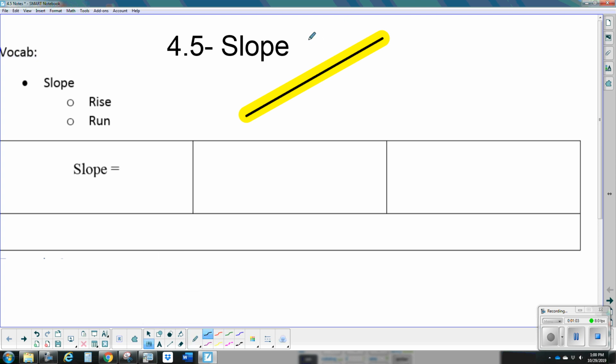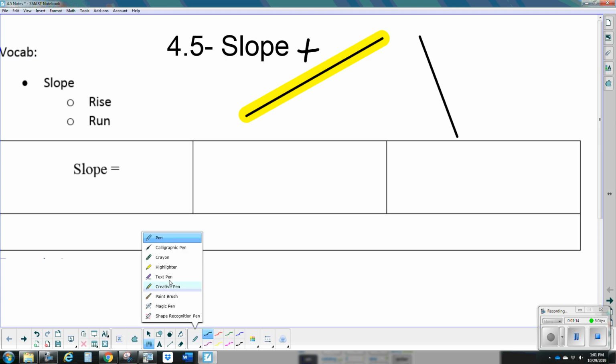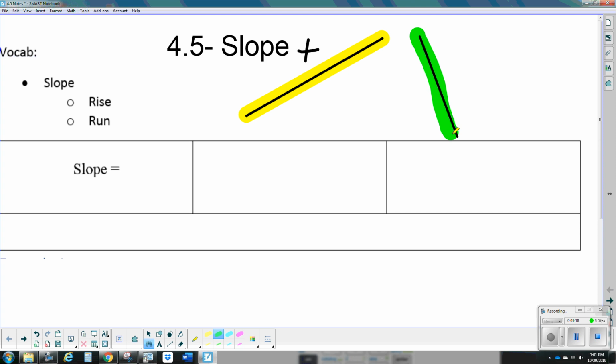If you look at this line that I just sketched in, from left to right it goes up, therefore it's positive. In this other line, from left to right it's going down. This tells me that my slope is negative.